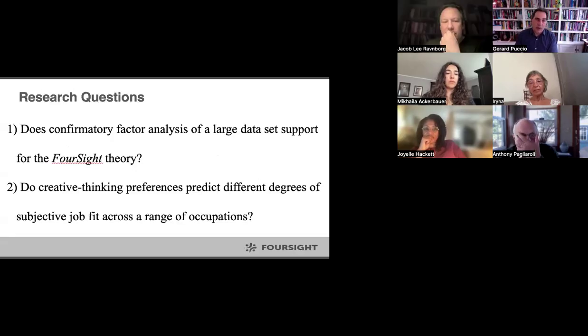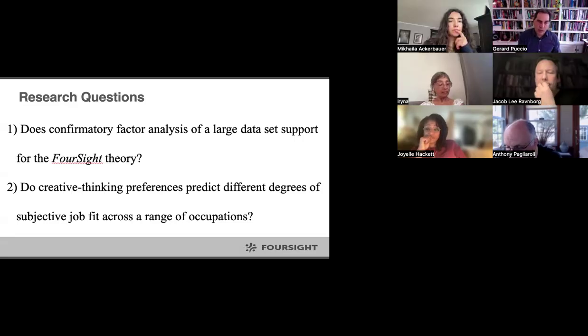And the question there is, in theory, we say that each of the preferences are value neutral. However, we also predict that because environments allow for different provisions, in some cases, some of these preferences are more adaptable in certain situations. And that's what job fit is about.